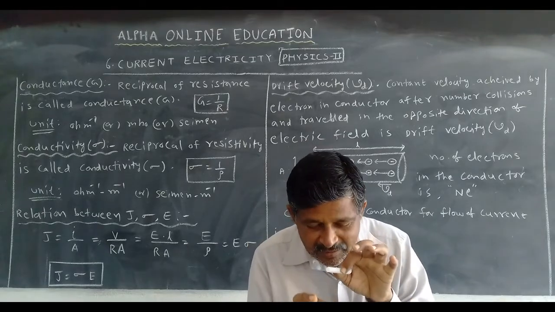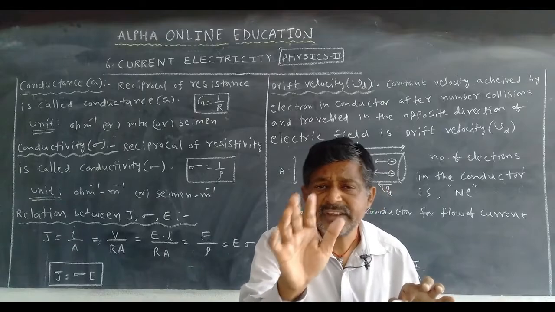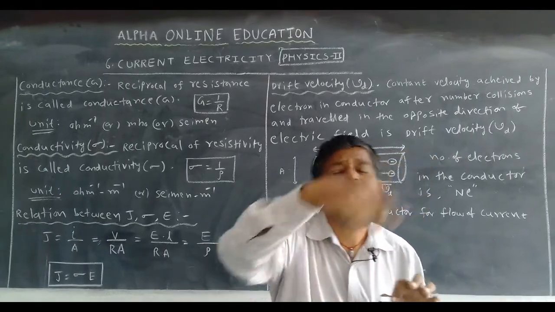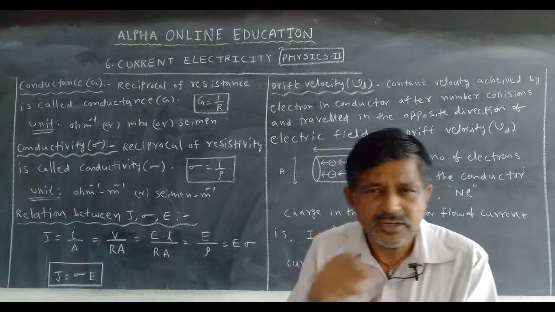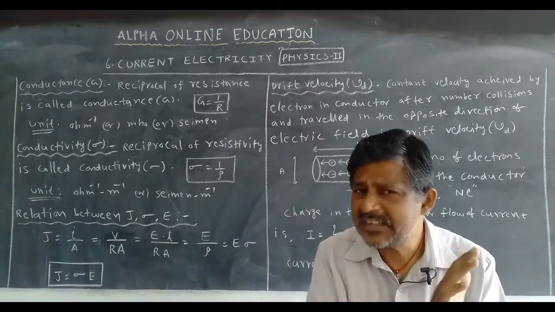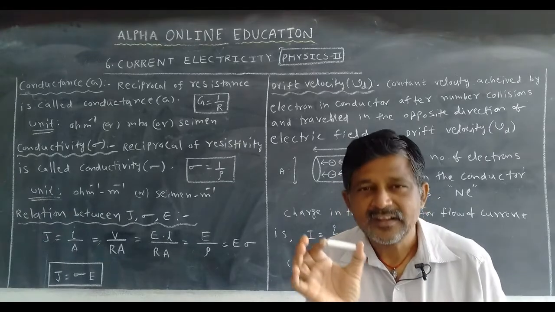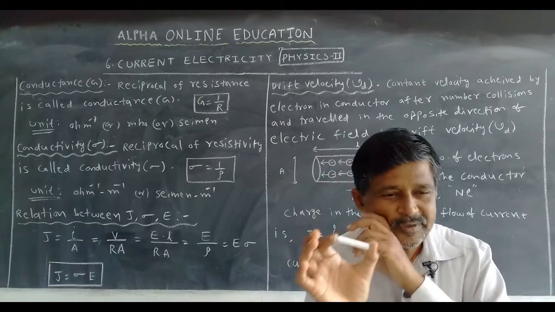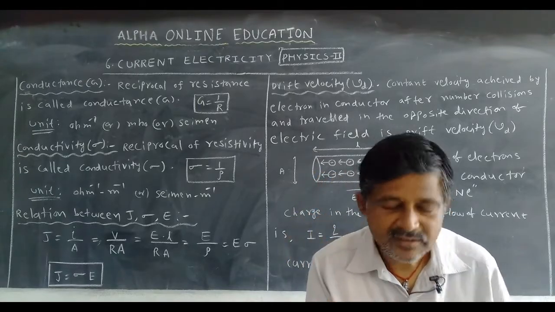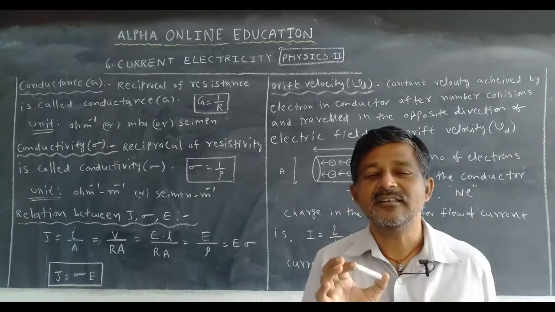If it is not kept in the uniform electric field, in the conductor free electrons exist, but they move randomly. That's why we don't get the current. When the ends of the conductor are connected by the battery or the conductor is kept in the uniform electric field, then the current flows through the conductor.